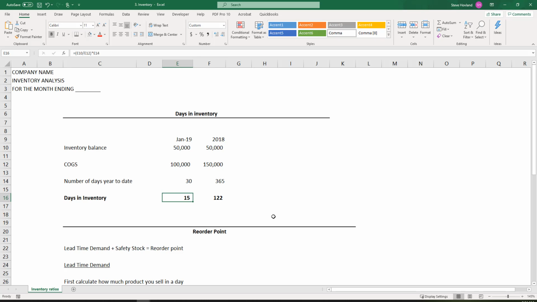So that needs to tell us something. If you only sell, let's say, 20 products a month, or maybe you sell 3 a day, 122 days of inventory is cash that you have sitting in inventory. So do you really need to have that much inventory?